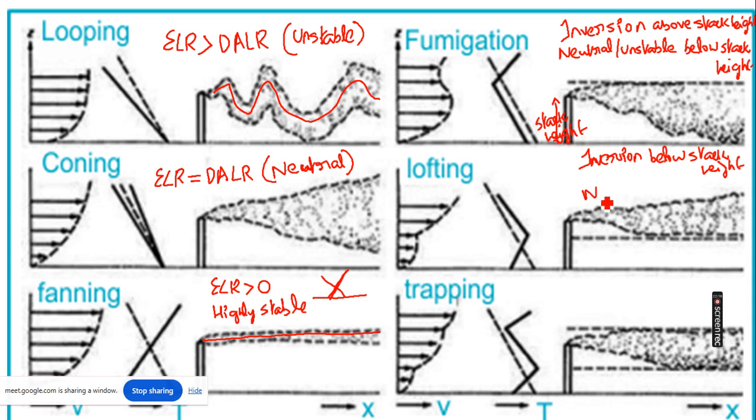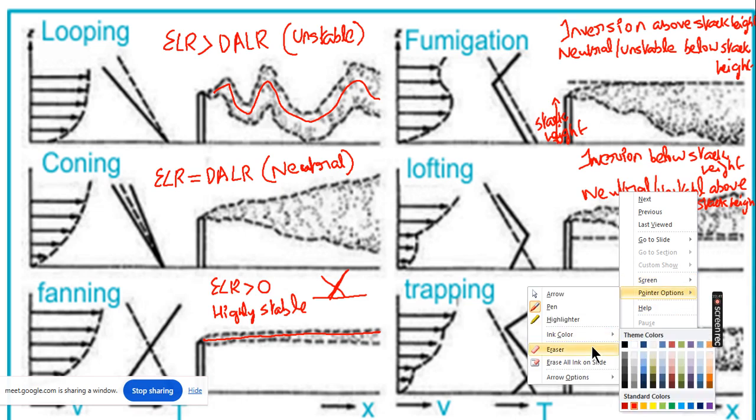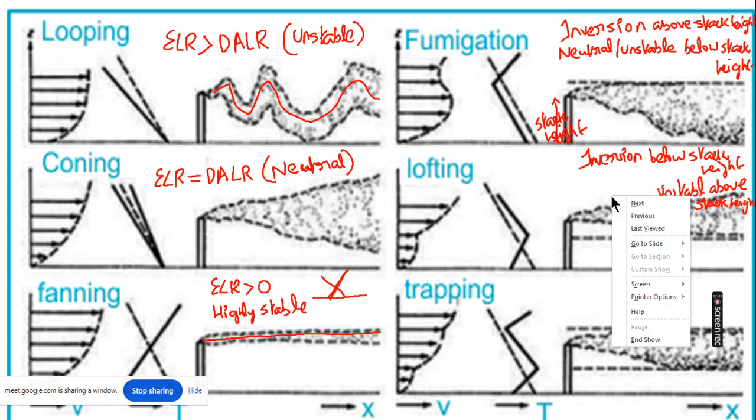And again, neutral or unstable condition above stack height. So in case of lofting, we have inversion layer below stack height and unstable condition above stack height.